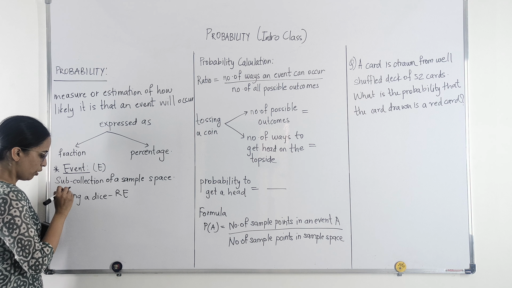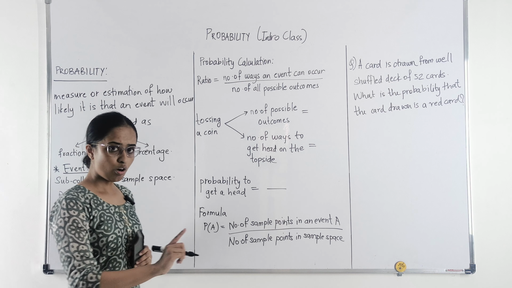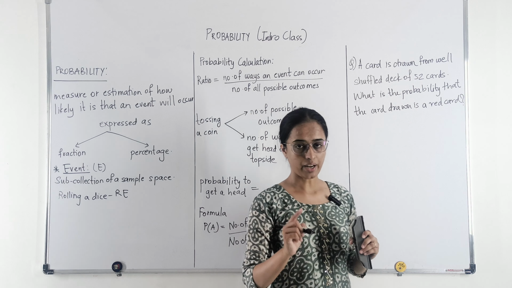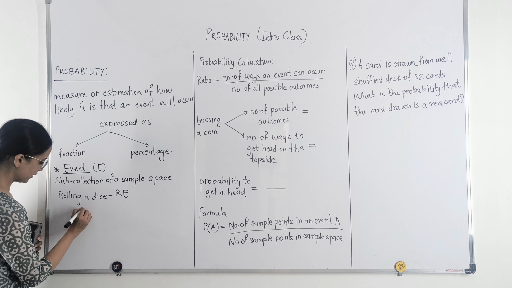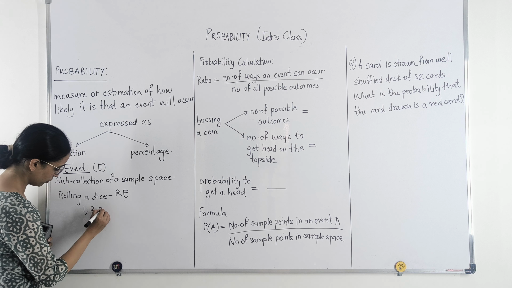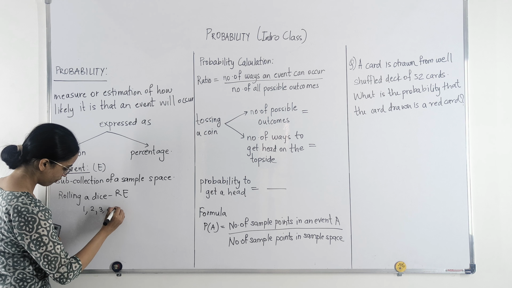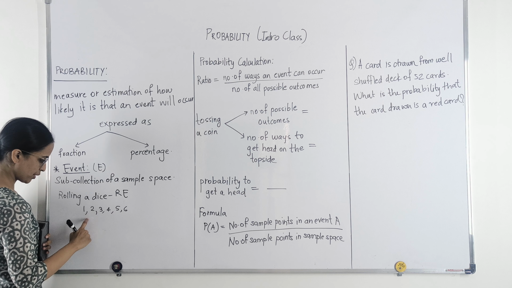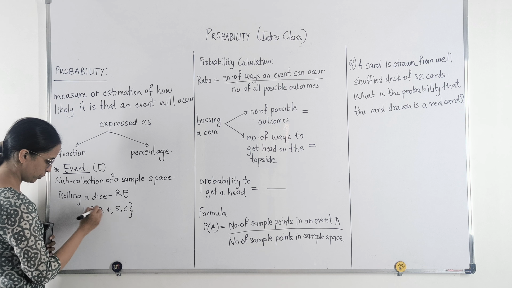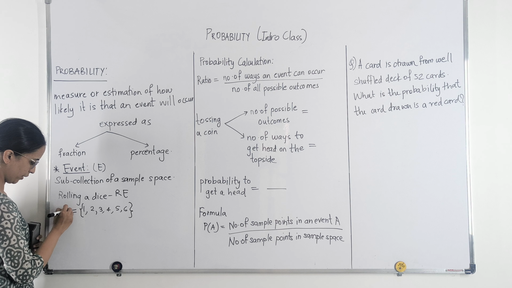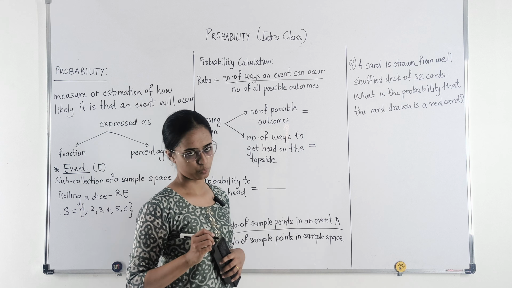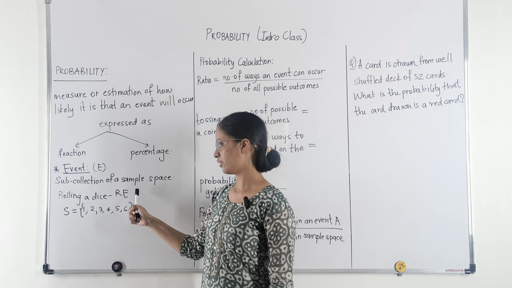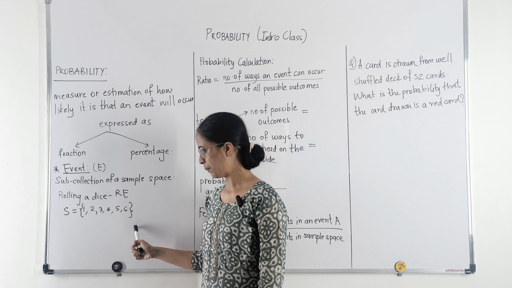Now, when I roll a die, all the possible outcomes that a die can give, okay, the results are 1, 2, 3, 4, 5 and 6. Now when you separate them with commas, when you put them inside the curly braces and you write S beside it, what is this called? It is called a sample space. So the sample space for this random experiment is this.